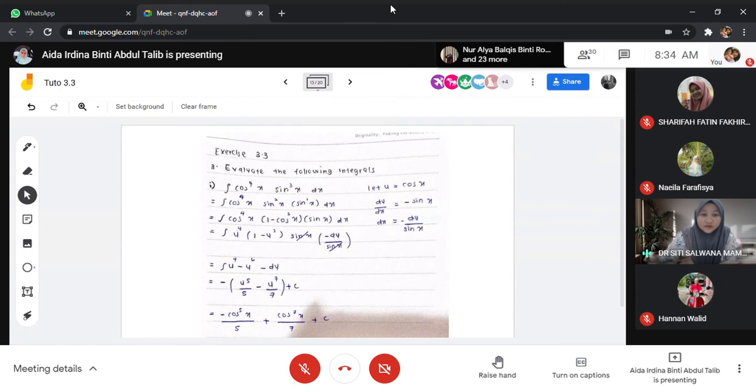Okay, so you eliminate this, you cancel lah. dx is equal to negative du over sin x. Okay, so finally you expand this. Ini tolak du. Okay. That is darabkan dengan negatif du kan. Dia macam tolak tu. So you keluarkan negatif. Ni lah, you integrate dia. Okay, boleh tak?